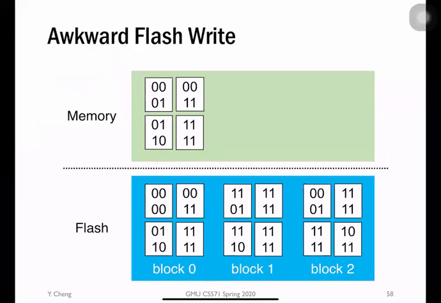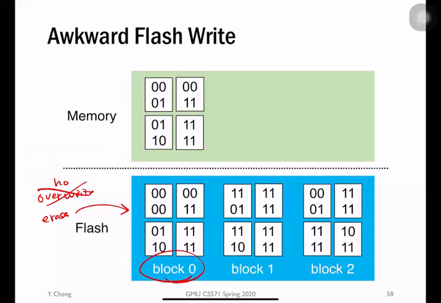And then the third step, what is the third step? The third step is you want to perform a whole block erase operation because flash doesn't support overwrite. No overwrite, so you need to erase this whole block 0.